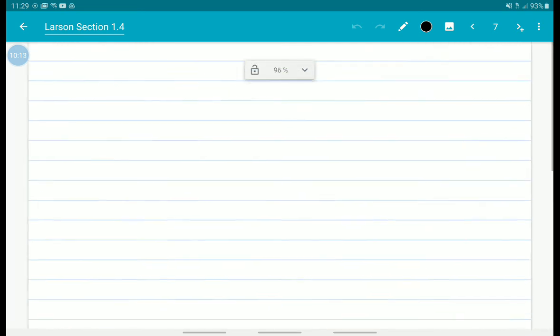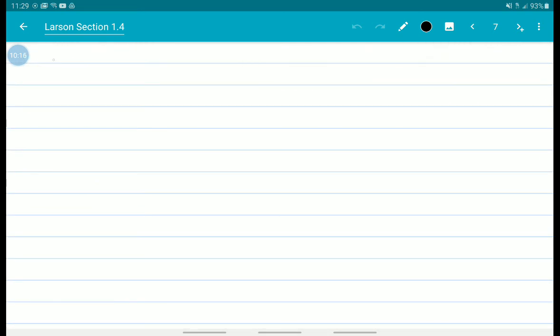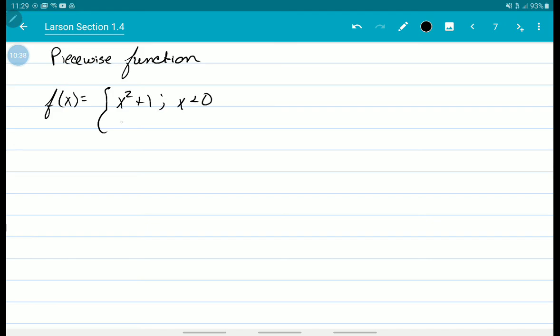The last thing I want to talk about in this section is something called a piecewise function. So piecewise functions are kind of neat because they are functions that are defined in pieces. So let's look at an example so I can explain what that means. So we have f of x is equal to x squared plus 1, where x is less than 0.